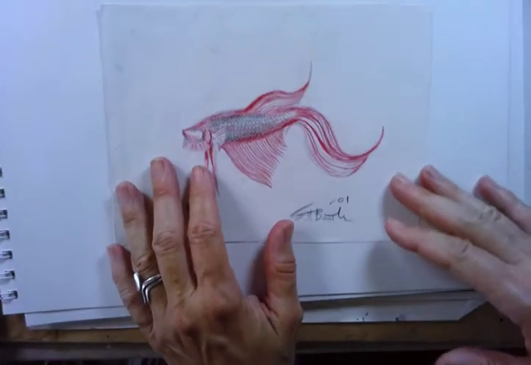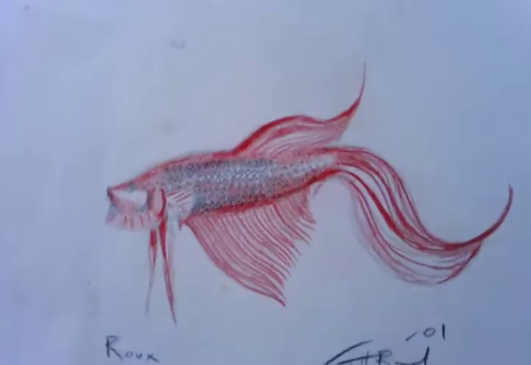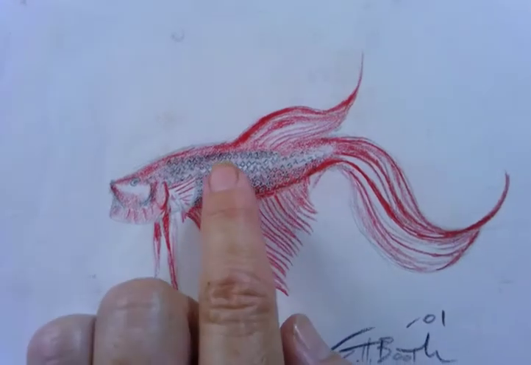Okay, let's look at just a few other sketches that I've done. So my mother had a fighting samurai fish called Roo at one point, and I did this color pencil study. So you can see how I rendered the scales.